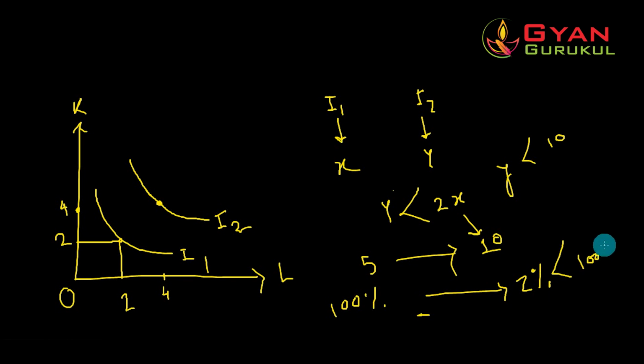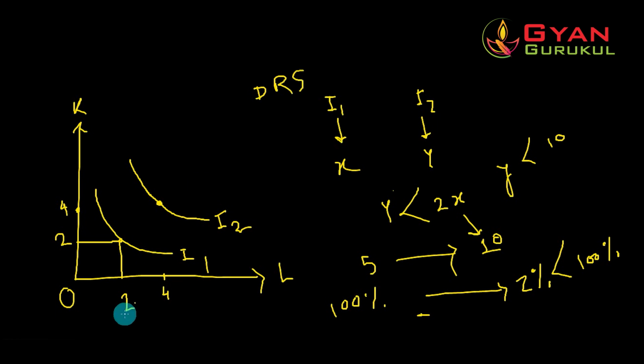It may be 90%, it may be 80%, or 50%, 60%, or anything less than 100. So in that case, we call it decreasing returns to scale.